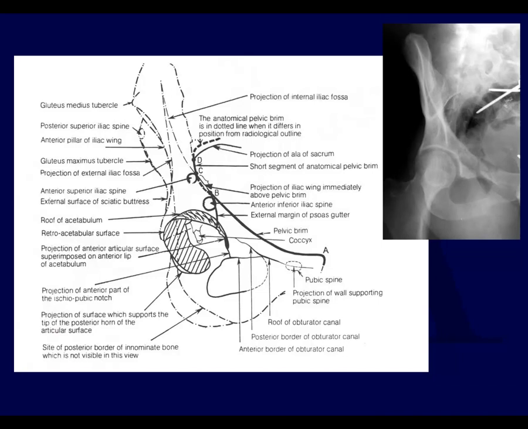I'm certainly not going to go through all of this, but this is basically showing the acetabulum viewed from an obturator oblique X-ray as shown on the right, and all the features of the acetabulum that you should potentially be aware of, knowing what corresponds to exactly what on the X-ray. In their textbook they've done a ton of work to show us what we can interpret from the X-rays, I guess the best way to put it.